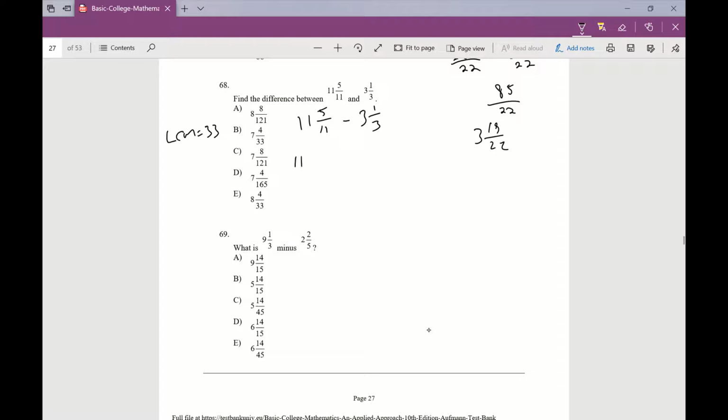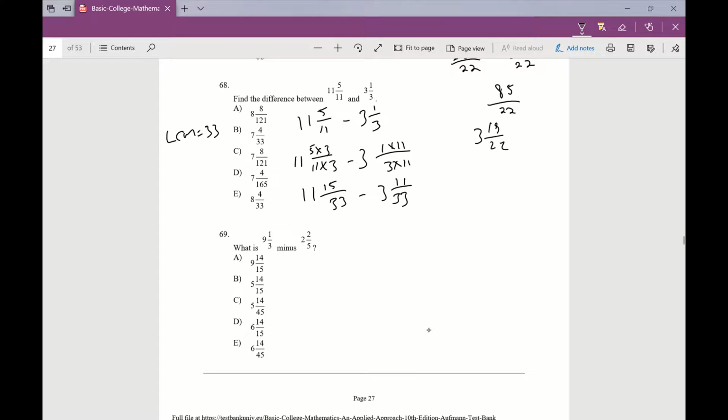So 11 and 5 times 3, that's what you have to modify, minus 3 and 1 times 11 over 3 times 11. 11 and 15 over 33 minus 3 and 11 over 33.